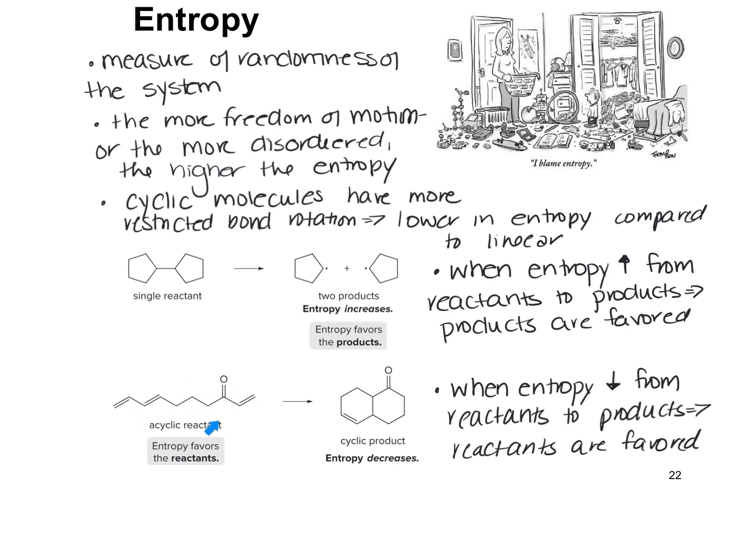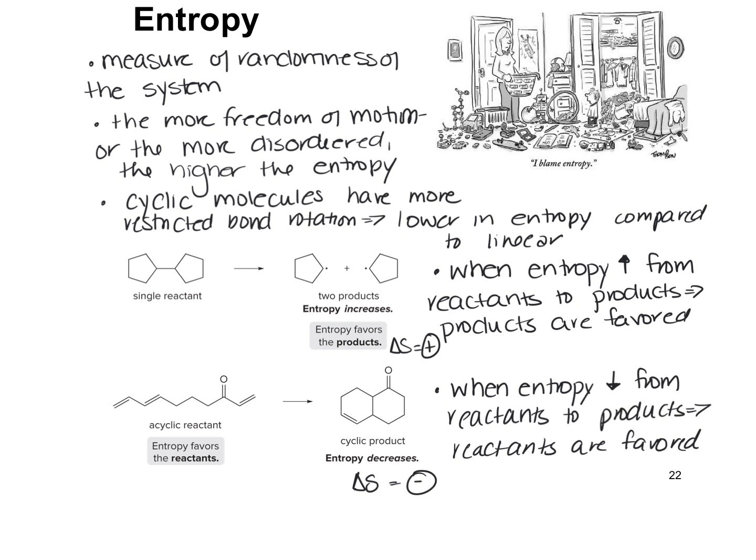There's more freedom of rotation around the bonds. When it becomes cyclic, there's lower entropy here, so the entropy decreases, so the entropy favors the reactants. Now, the entropy is not the end-all be-all here. And I also want to point out the signs you're going to see. If entropy increases, the delta S here is positive, and if entropy decreases, the delta S is negative. So entropy is not the end-all be-all.